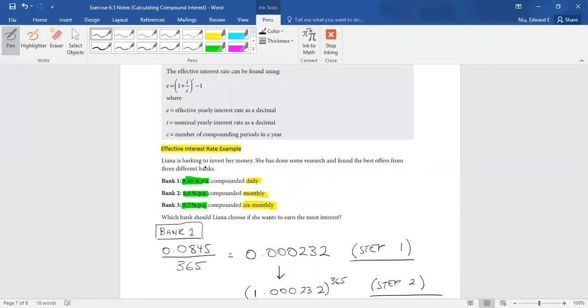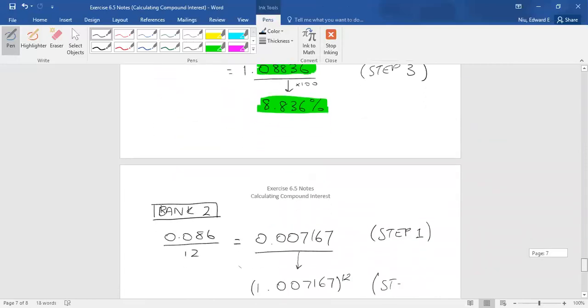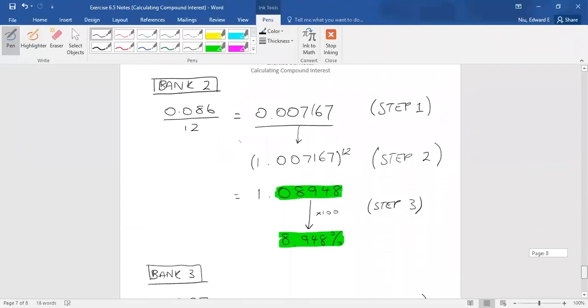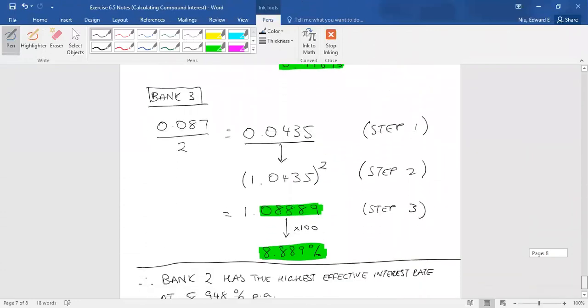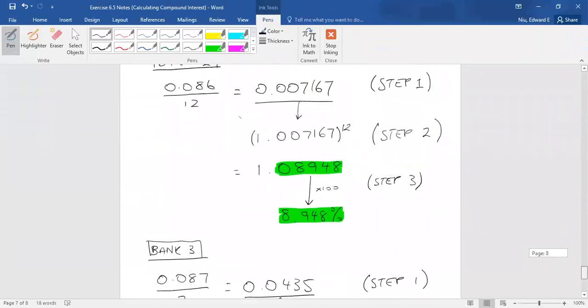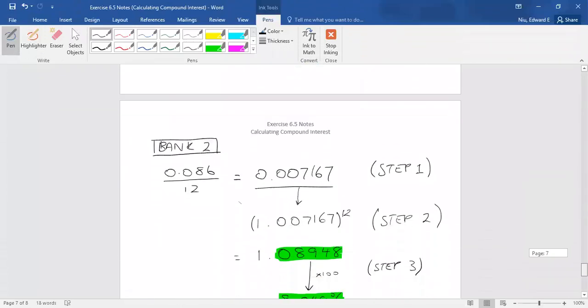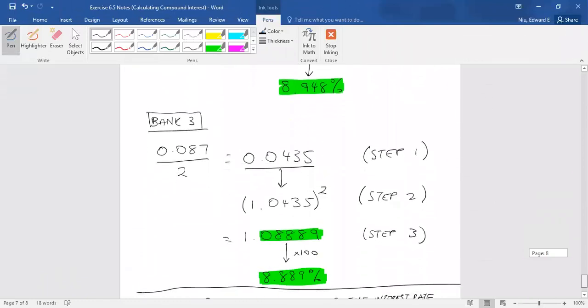Okay, so it is a lot of money. And even though Liana's not investing a whole lot of money, well, we actually don't know how much she's investing. The difference between 8.836, 8.948, and 8.889, from bank 2 to bank 1, could be $10,000 after 20 years.